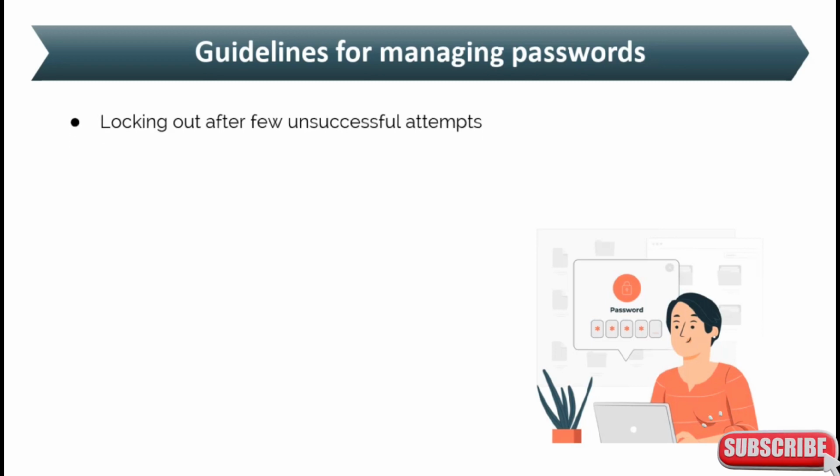Now, the next important thing is locking out after a few unsuccessful attempts. Many banking websites do employ this kind of policy where if a user tries to unlock their account, and if they fail after 3 to 4 attempts, the account gets automatically disabled for a specific period of time. Why is this a good thing? Because many bad guys have the option of brute forcing.